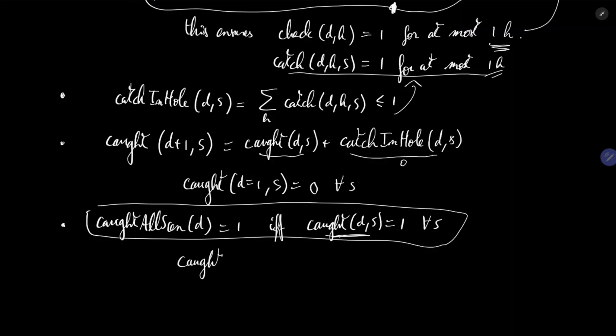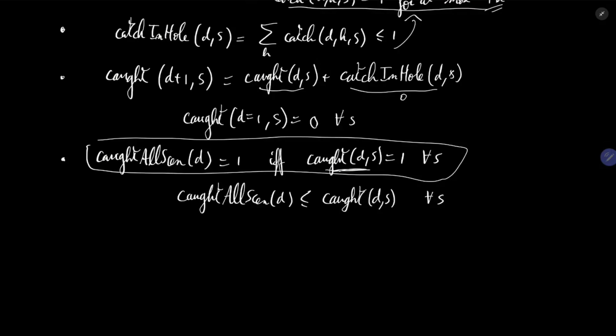So what we can write first as an equation is that caught all scenario d is lower than caught ds for any s. So if one of the s will be equal to 0, this will also be equal to 0. But if all of the caught ds are equal to 1, then we want this to be equal to 1 as well.